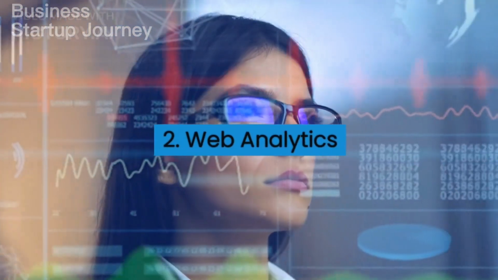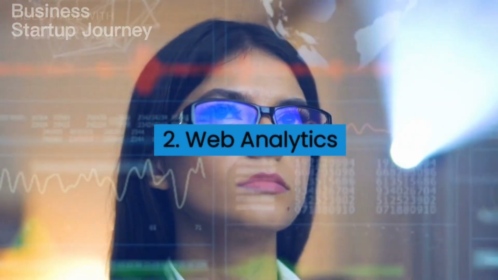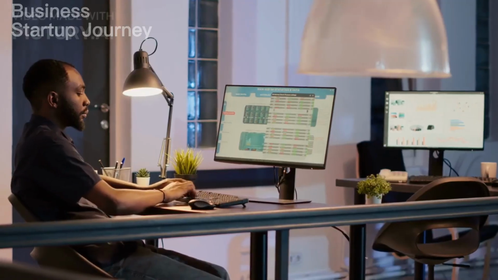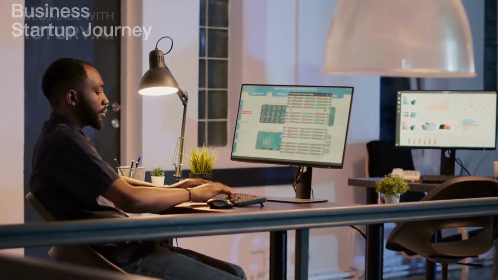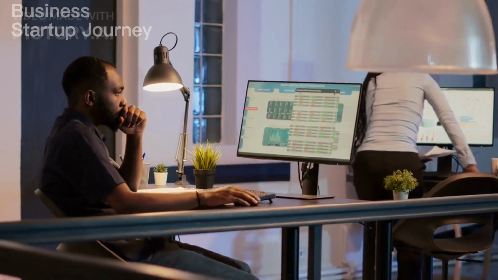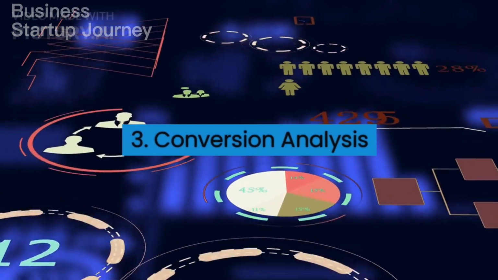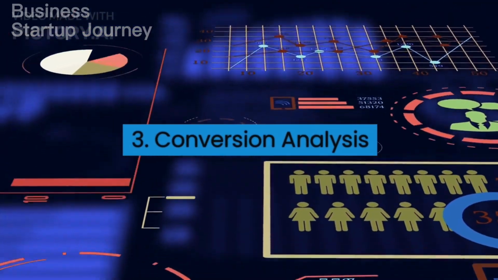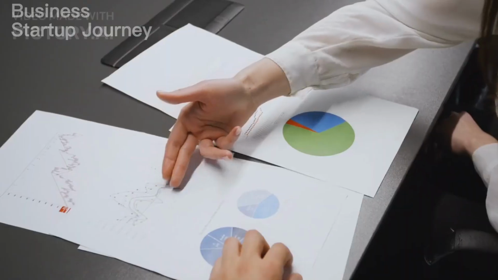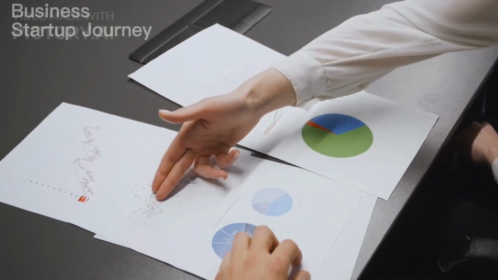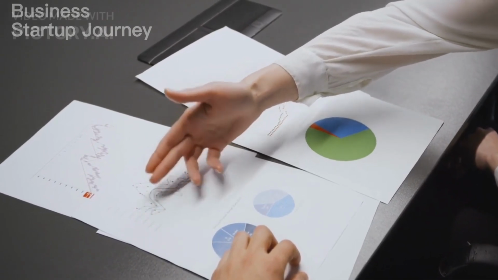2. Web analytics. Utilize analytics tools such as Google Analytics to measure website traffic, user behavior, traffic sources, and more. 3. Conversion analysis. Measuring conversions is essential actions you want users to take after interacting with your content or advertisements.